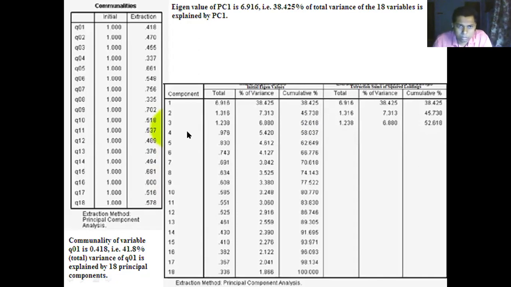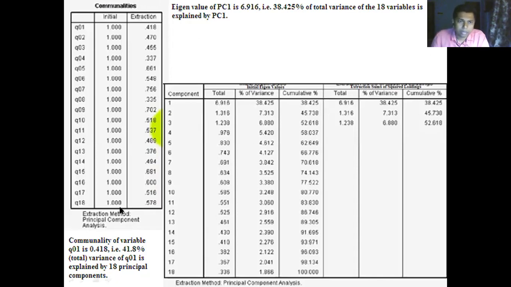Now, the other principal components are not considered. Why? Because their eigenvalue is less than 1, and usually values less than 1 are not considered. But sometimes, depending upon the analysis or what the researcher actually wants to perform, they can consider even values less than 1. So what is the importance of the communality?